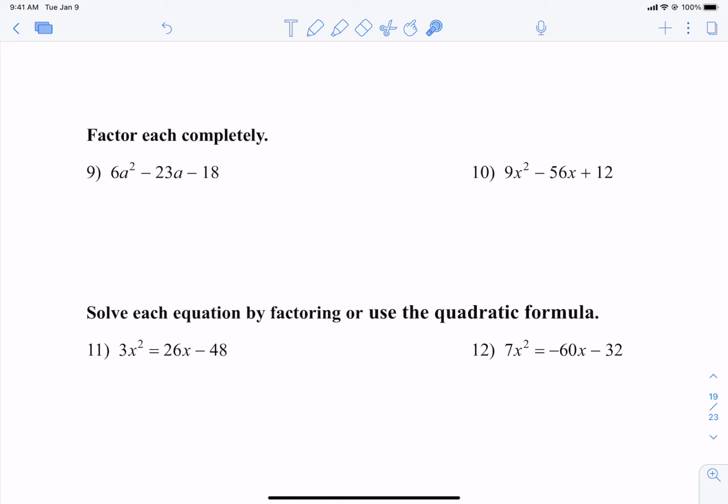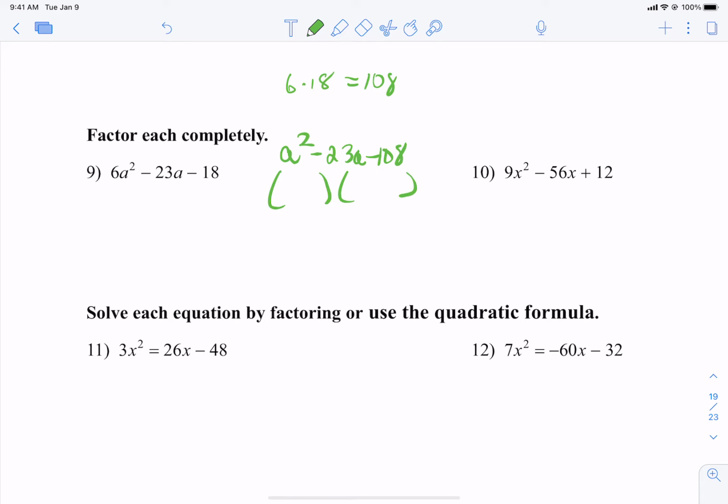There is not a number that goes into, for number 9, 6, 23, or 18. So because of that, I'm going to do slide and divide. I'm going to take the 6 over. 6 times 18 is 108. And I'm going to pretend like this problem was a squared minus 23a minus 108.